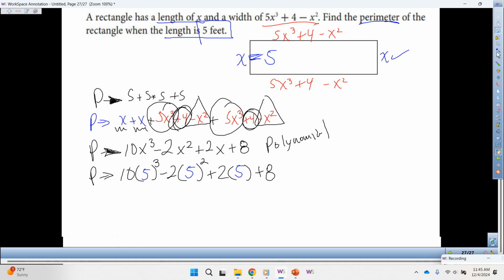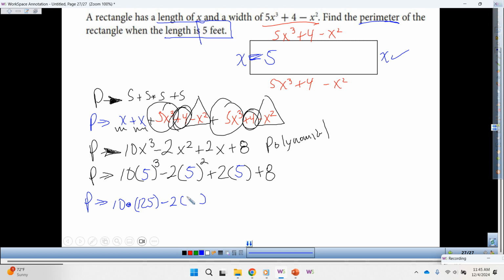All right? So here we go. Perimeter, 10 times. What is 5 cubed? 5 times 5 times 5. 125 minus 2 times, what is 5 times 5? 25 plus 2 times 5 is 10 plus 8.